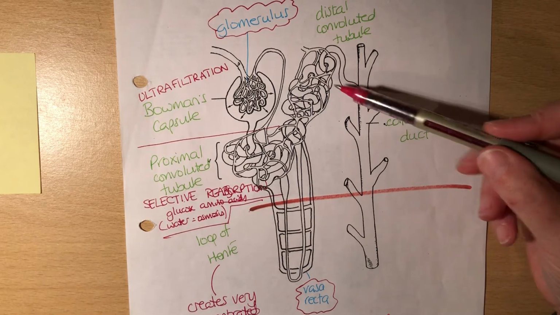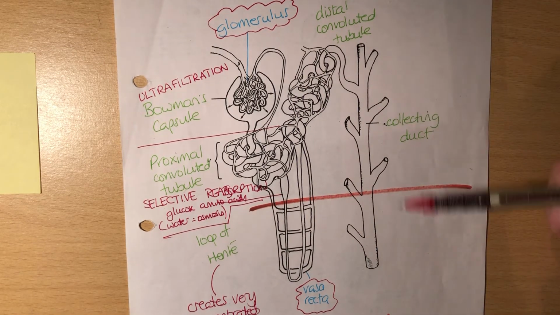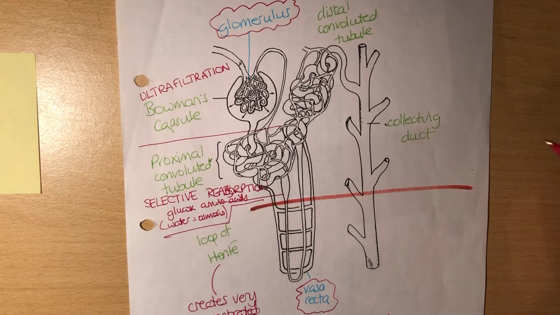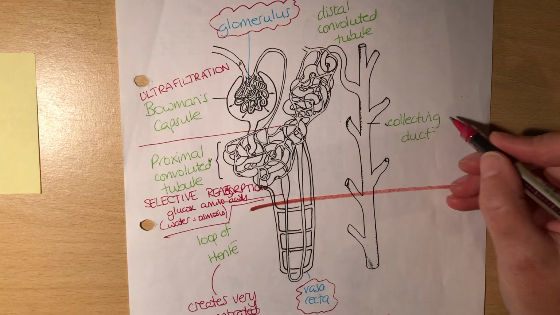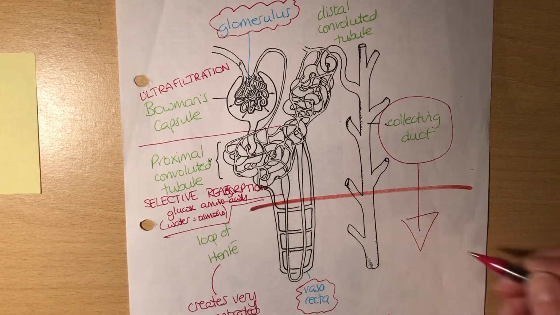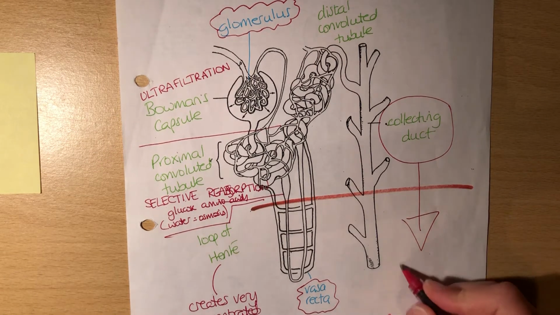The distal convoluted tubule and the collecting duct are both sensitive to ADH, and ADH really is responsible for osmoregulation.